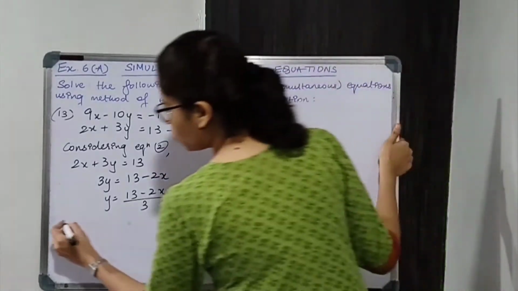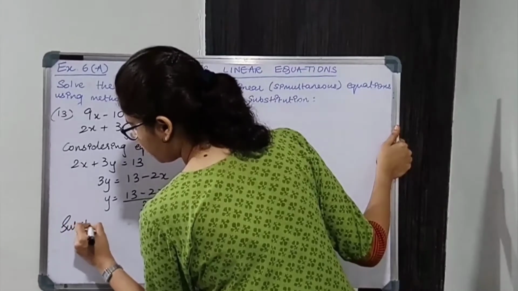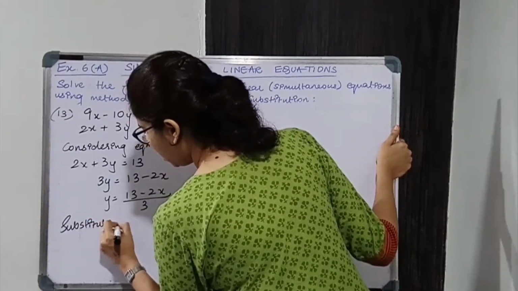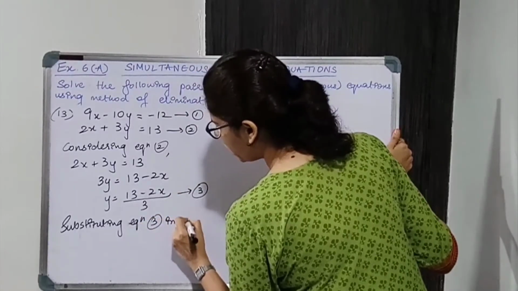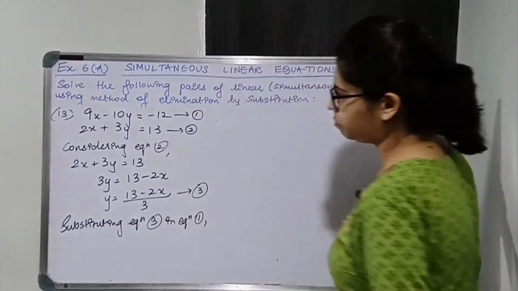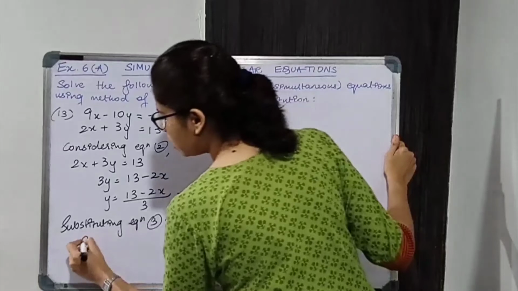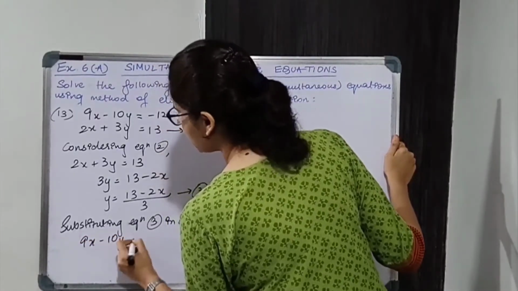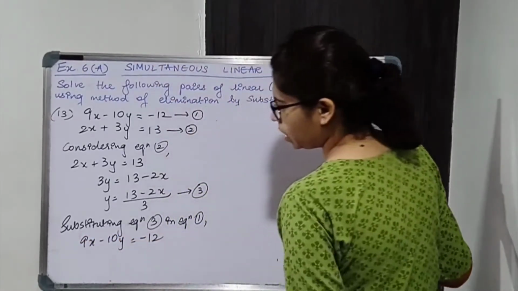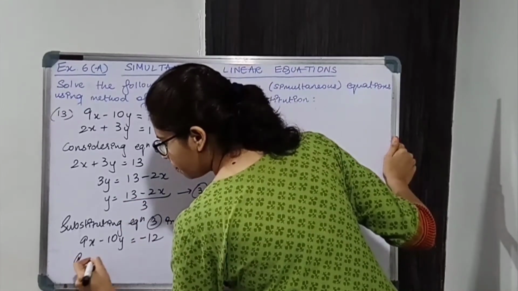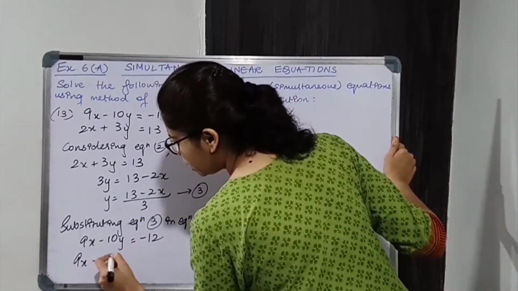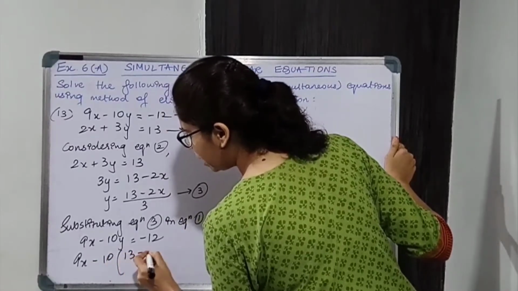Okay, so substituting equation 3 in equation 1. 1 है 9x minus 10y is equal to minus 12. So in place of y we'll substitute this, so y will get eliminated. Okay, we'll get x only.